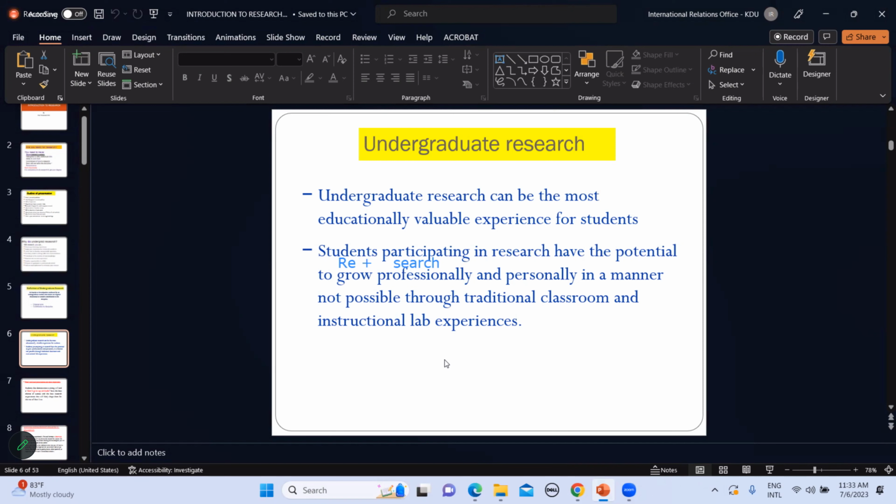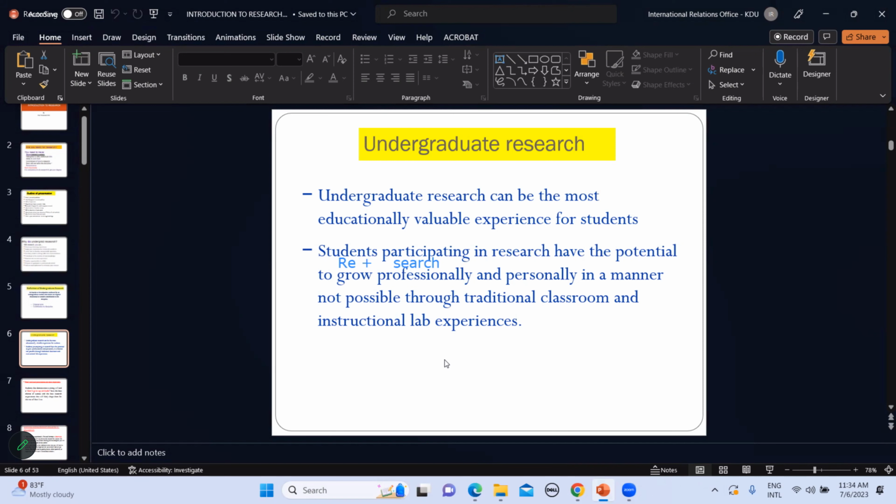So if you have done a very good piece of research, you can publish the abstract or extended abstract or research paper in the KDU Research Symposium, and you can present it. That is a very valuable experience for you. International professors are coming, other university professors are there, and you are presenting your research. Got it?